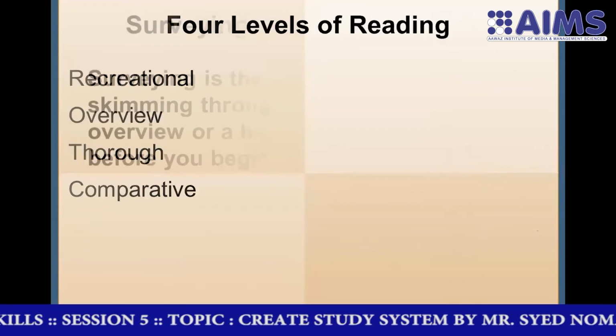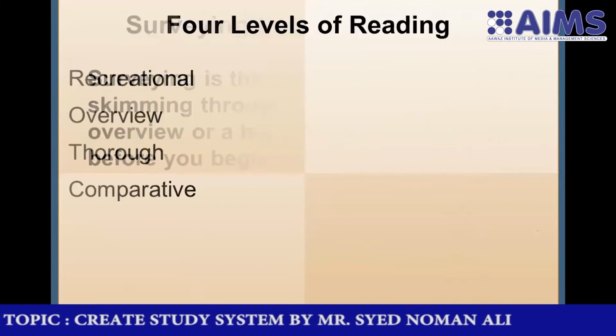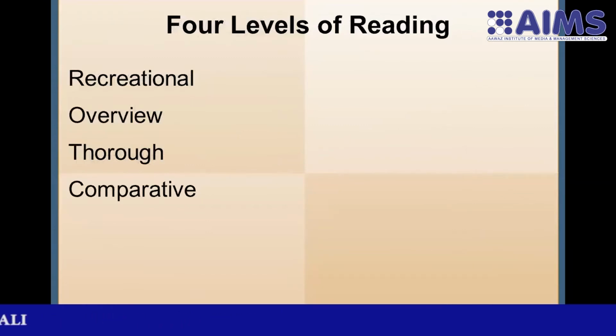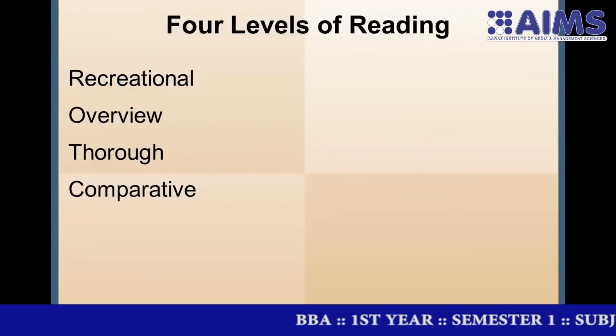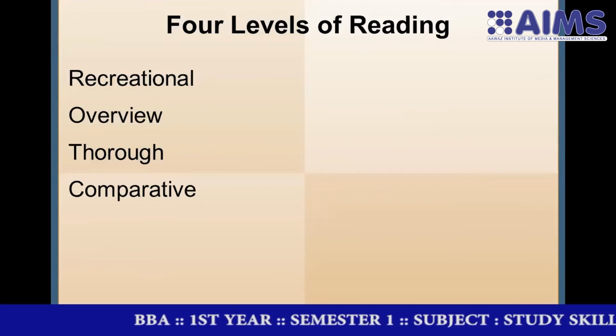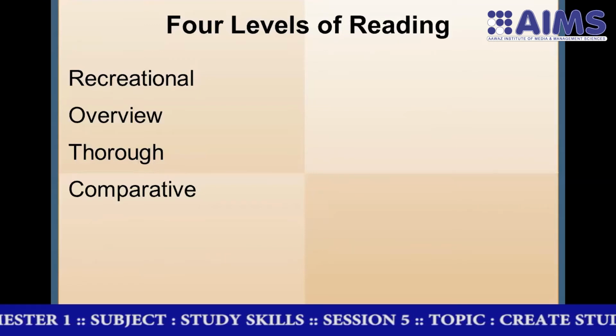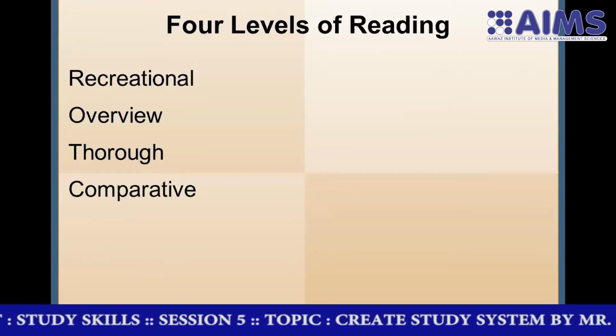Comparative: compare all those contents with each other. So these four levels of reading are very essential. The first is to recreate the meaning, then overview, look through the content, and then comparative study of all those concepts.